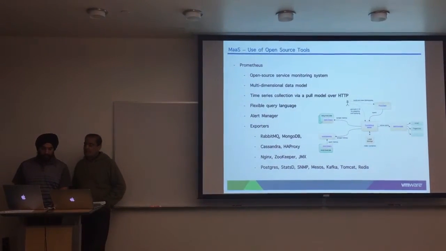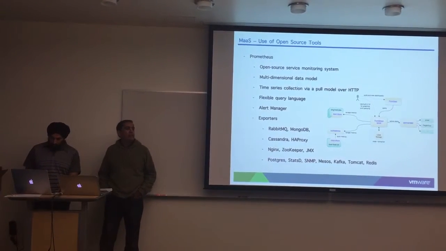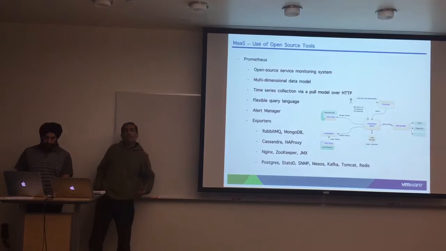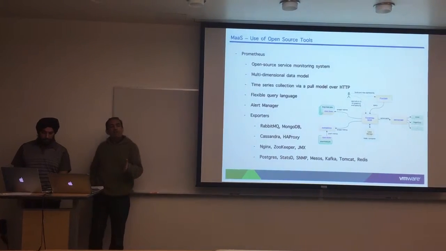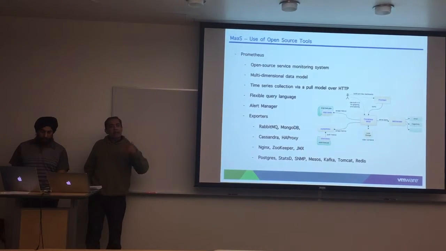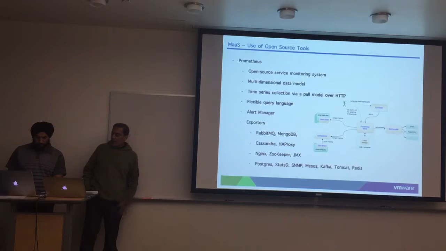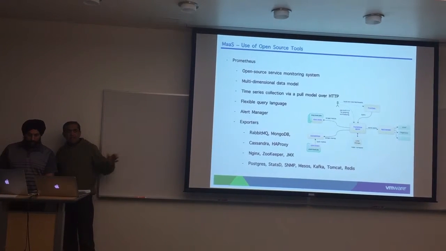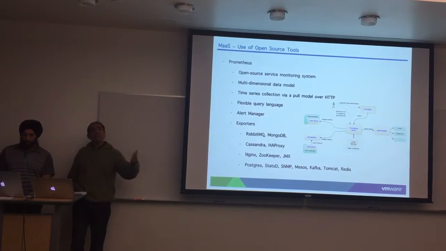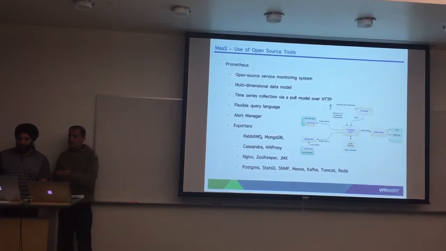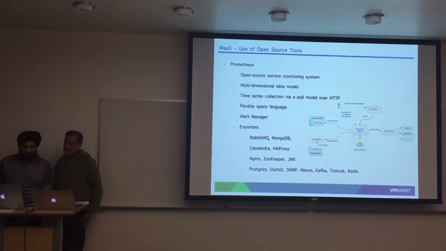It has a very strong, flexible query language to do a lot of what-if scenarios, to do a lot of queries across services, across endpoints, and aggregate and sum and things like that. They do have an alert manager which can do alert rules, and it has a bunch of exporters provided by them and by the open source community for all the different components, like Redis, Zookeeper, JMX, RabbitMQ, and things like that.